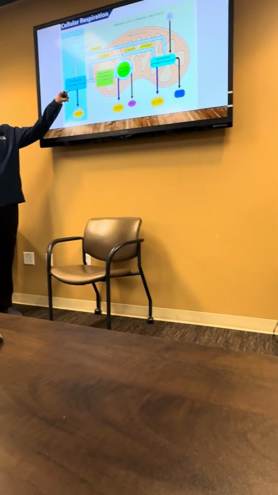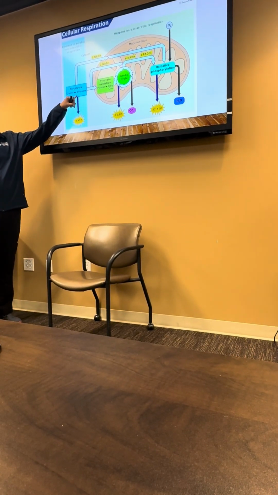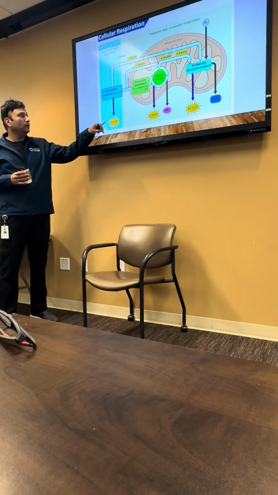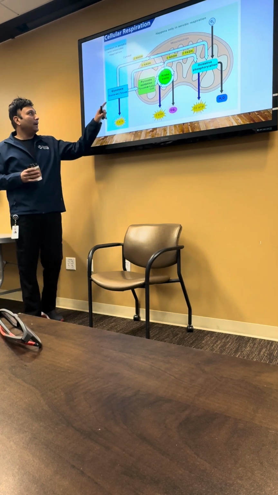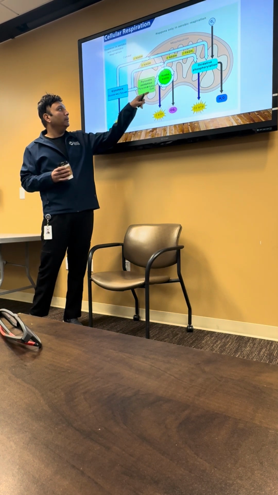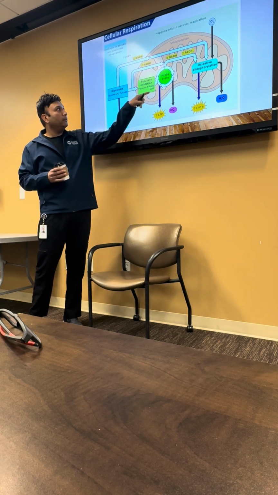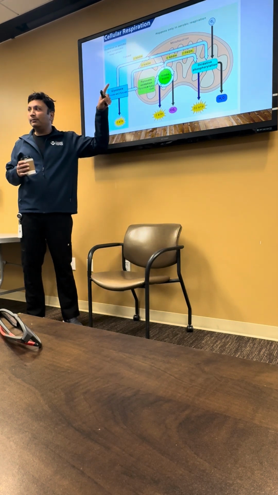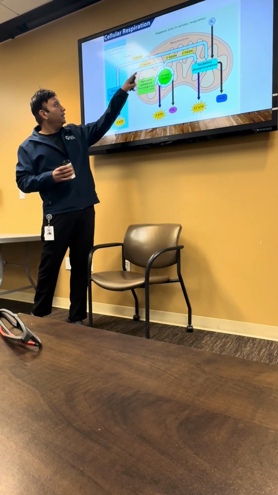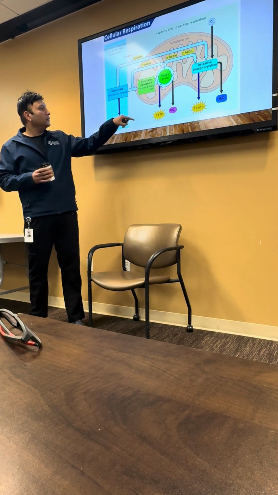So glucose in the cytoplasm breaks down into pyruvic acid and gives you 2 molecules of ATP. Now, this is not as much, but this pyruvate goes further inside the cell, into the mitochondria, and goes through the Krebs cycle, if you all remember the Krebs cycle from biochemistry, and gives you NADH and FADH.